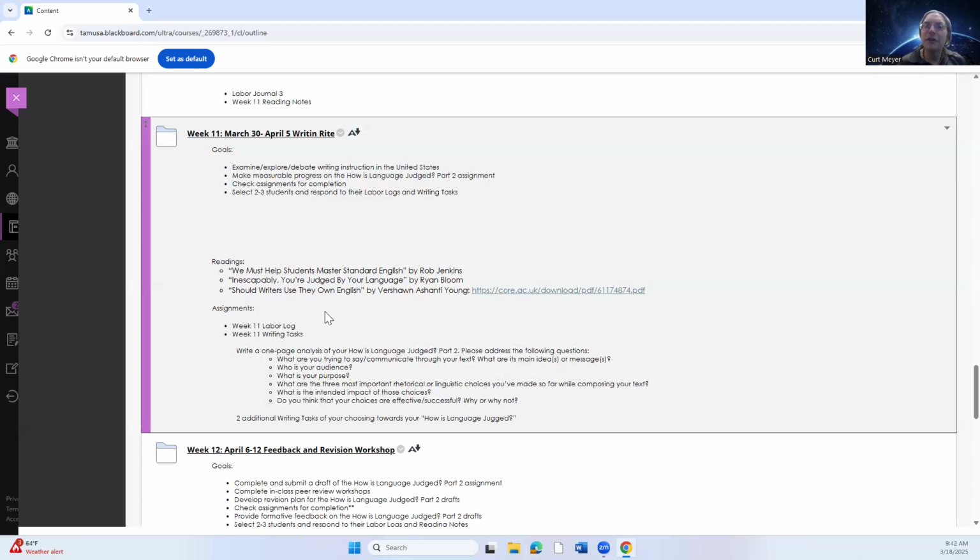He argues, and his piece is written in code meshing, right? He code meshes all over the place in that piece. But he argues that the language of power, if you will, is not necessarily exclusively standard English any longer. And he talks about a Republican senator tweeting President Obama using non-standard English.